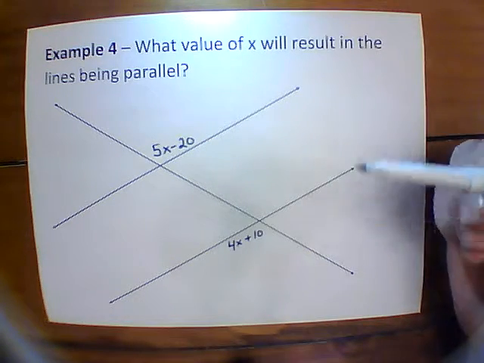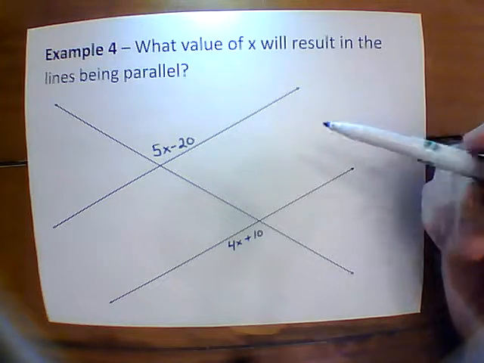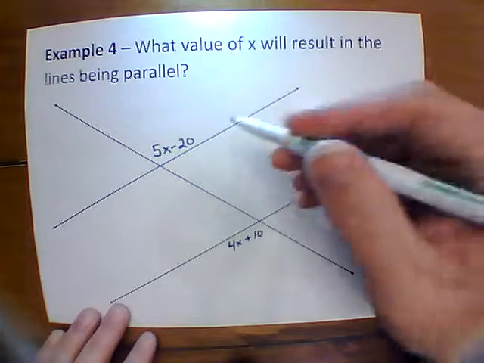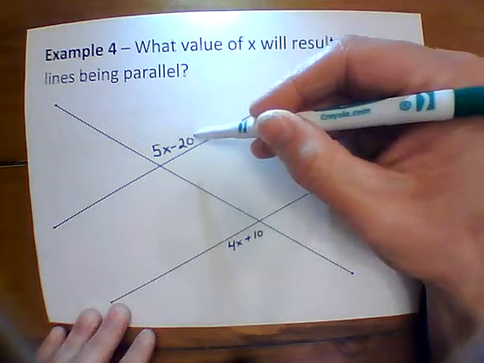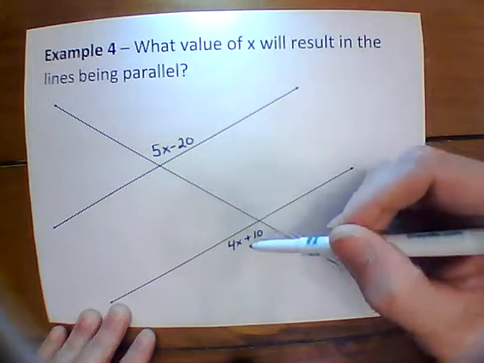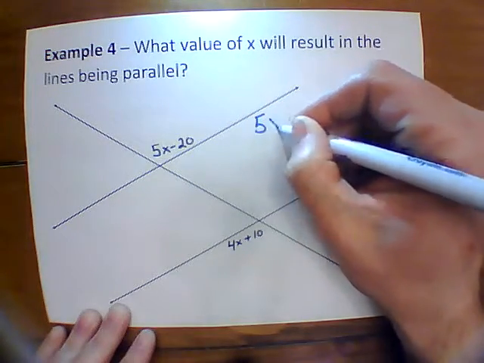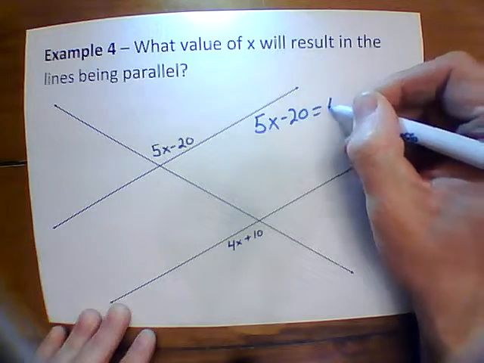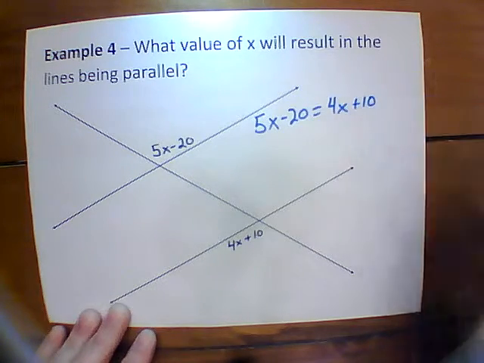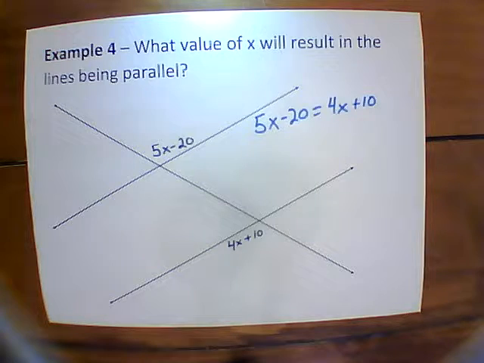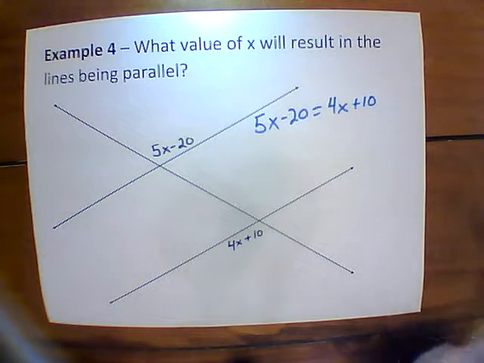So to find the value of x that will result in these lines being parallel, I'm going to have to assume that 5x minus 20 is equal to 4x plus 10. So I'm going to start there. 5x minus 20 equals 4x plus 10. So now I need to find the x value that makes the lines parallel.